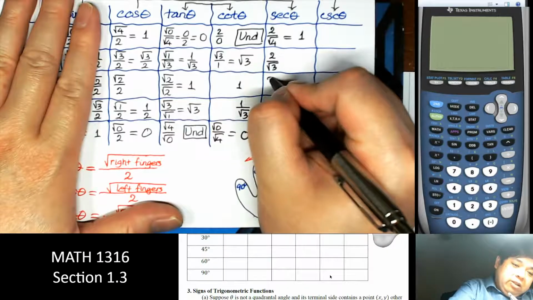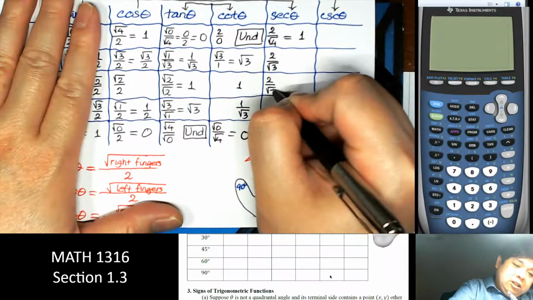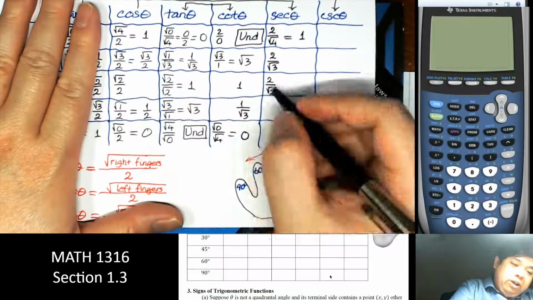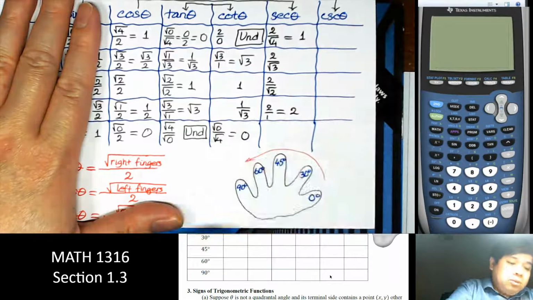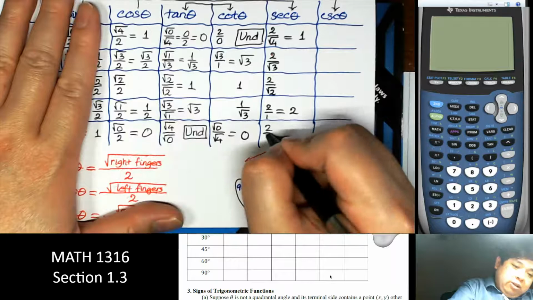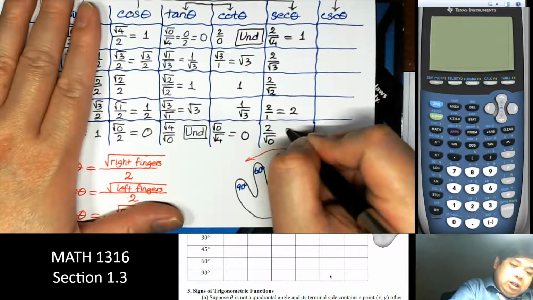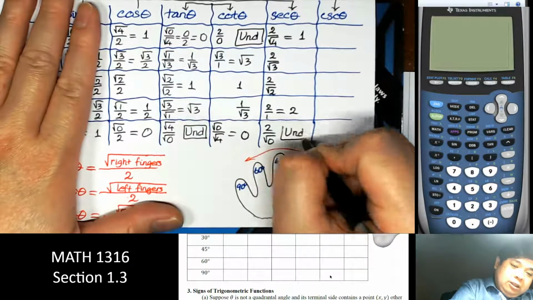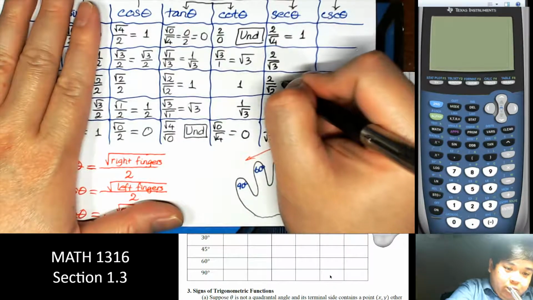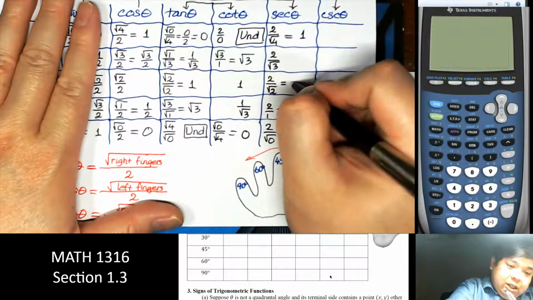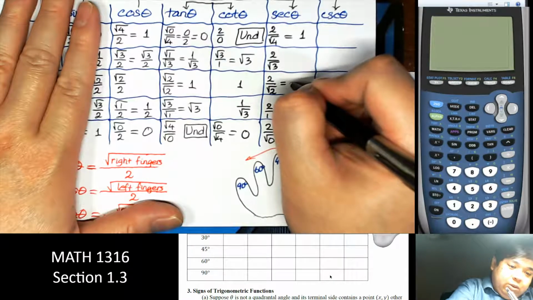And here we just flip it. 1 half is 2 over 1, which is 2. 2 over square root of 0 is undefined. Right. By the way, 2 over square root of 2 is equal to just square root of 2.